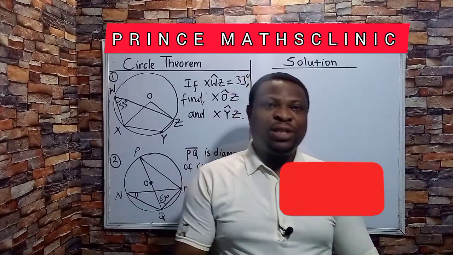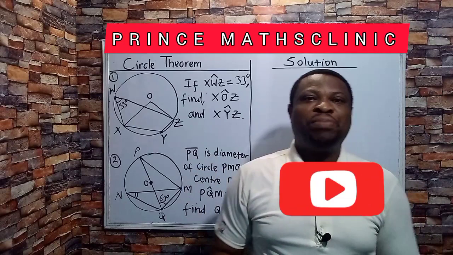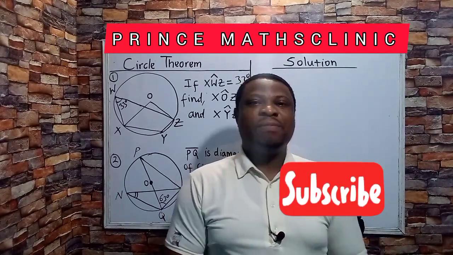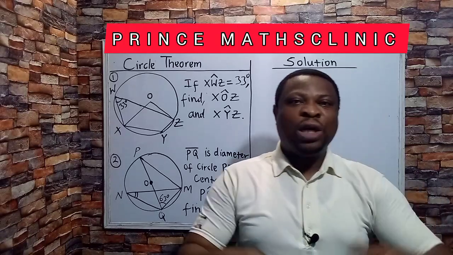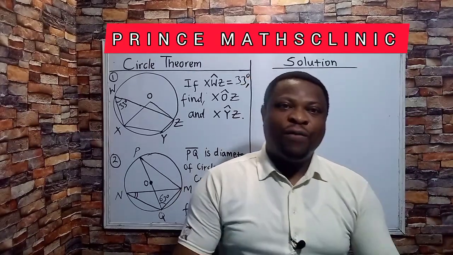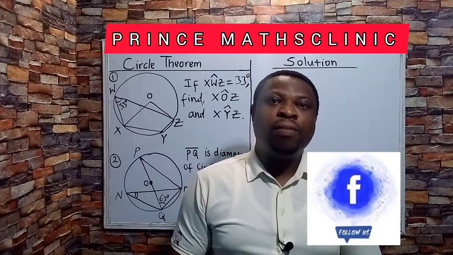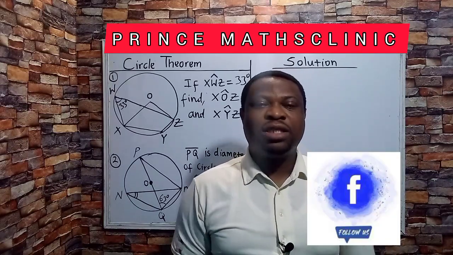Today, we shall be discussing this very exciting topic that is involved with what? Circle Theorem. Now, I would not say much because we have all been talking about Circle Theorem from our basic classes.